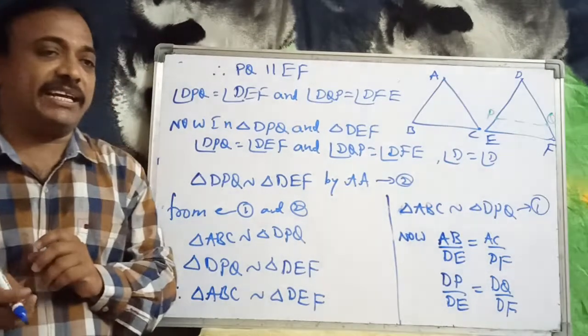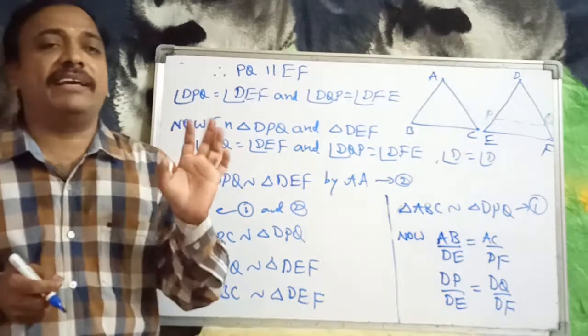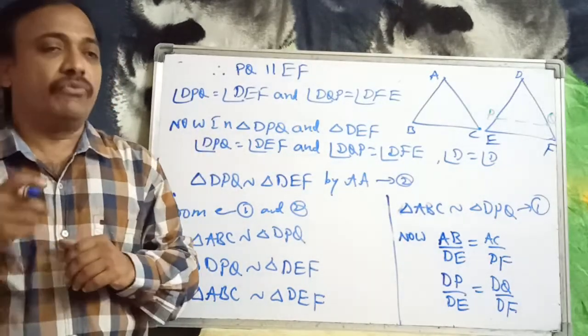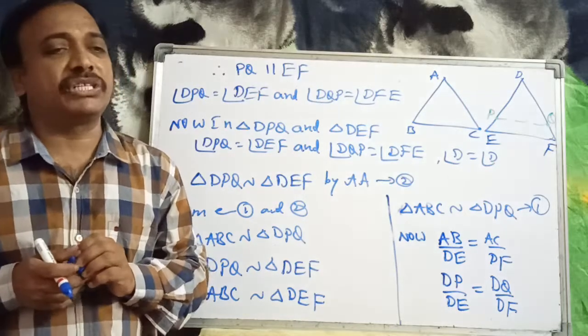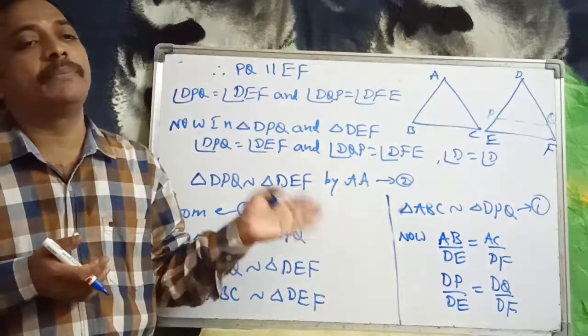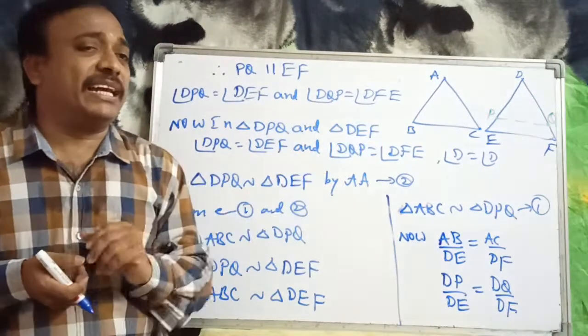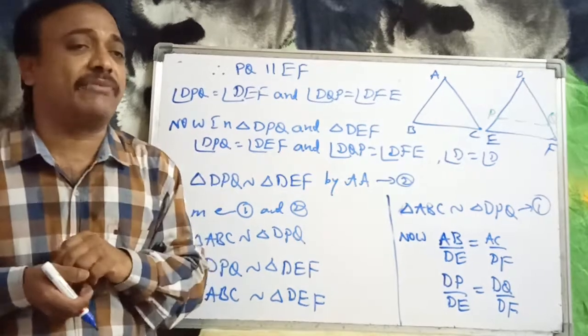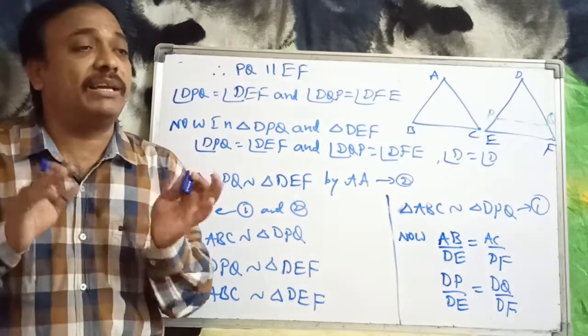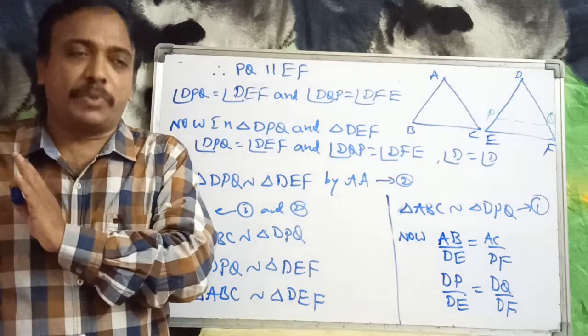What are those criteria? AA similarity, SSS similarity, and SAS similarity. These criteria we use further in application in exercise questions. Wherever two angles are correspondingly equal, the third angle will be equal in those two triangles by angle sum property.